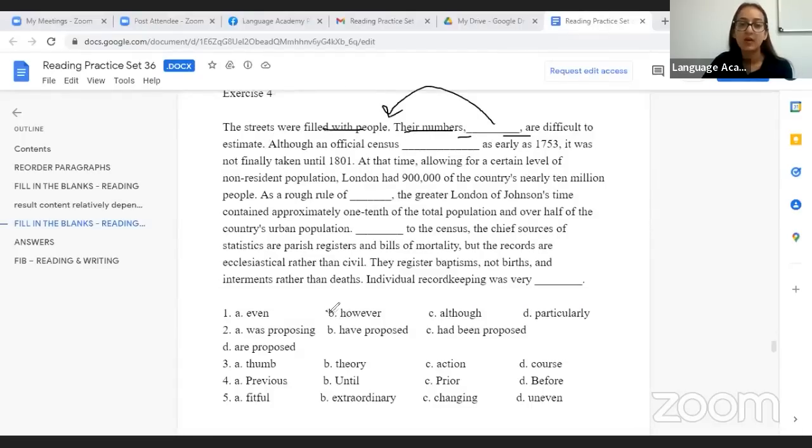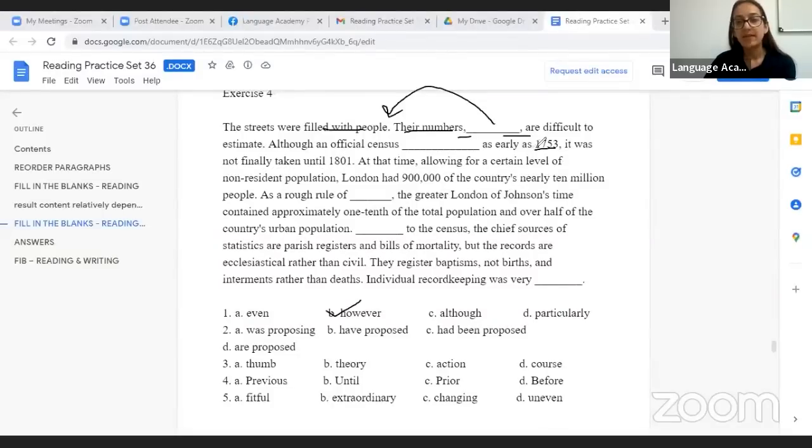So, but means however. We know there are so many people, but we don't know exactly how many are there. So, we'll go with however. Although an official census dash as early as 1753, it was not finally taken until 1801.